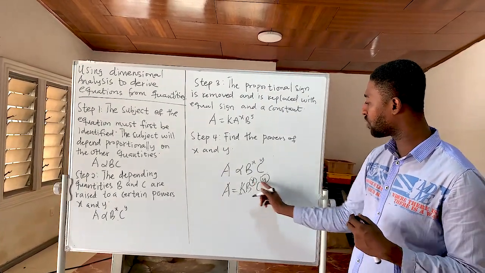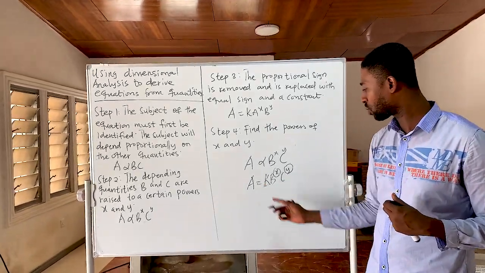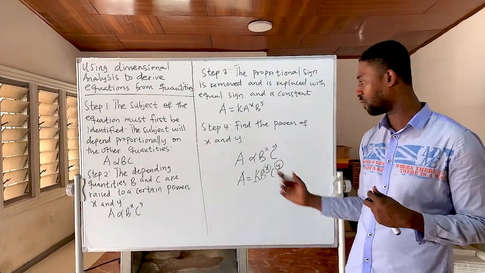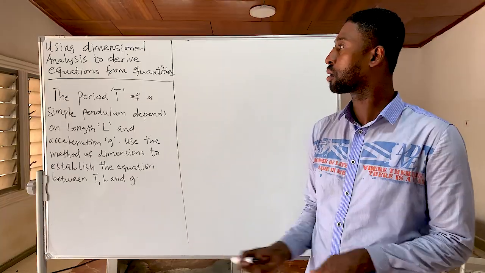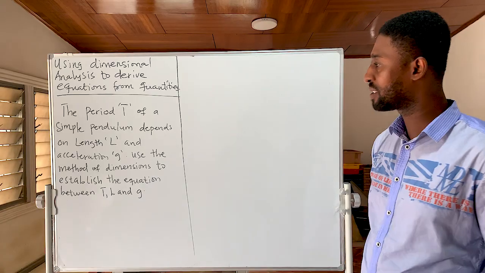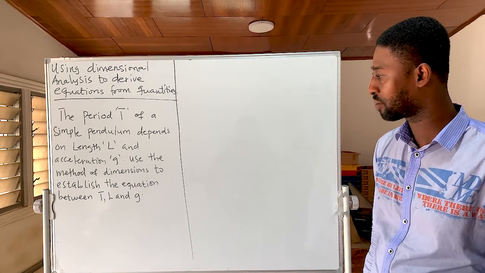And how do we solve for the powers of x and y? It's by comparing the powers of the left hand side with the powers of the right hand side of the variable. So let's take one example and go through the steps. The question is: the period T of a simple pendulum depends on the length L and acceleration g.